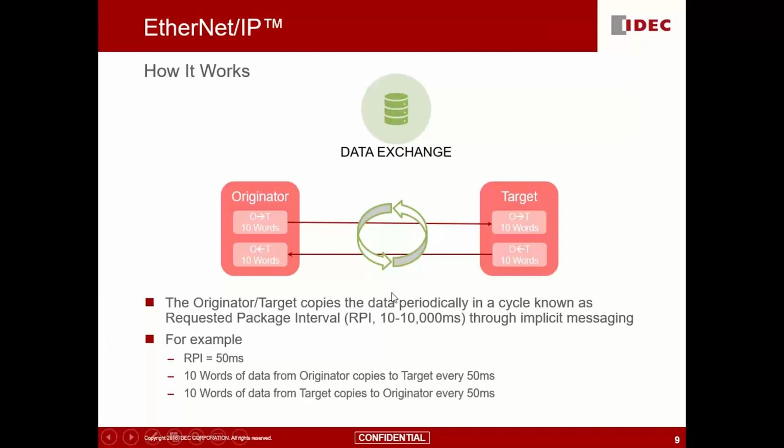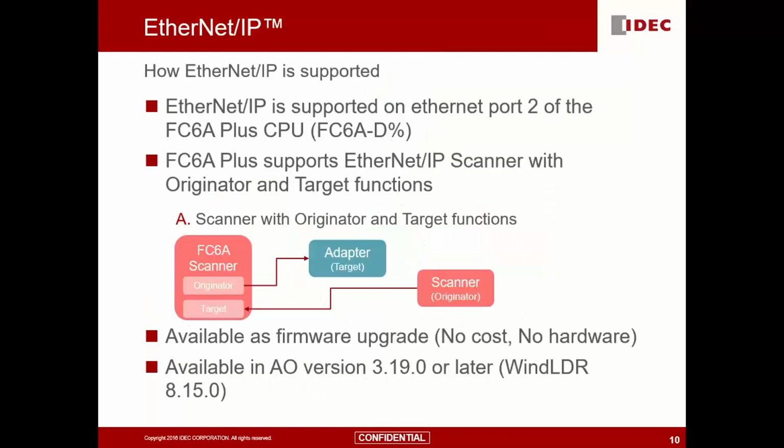This is the reason why we say that this is a real-time application, because data is updated at every RPI that you set. Okay, so that's a brief introduction of generally how Ethernet IP works.